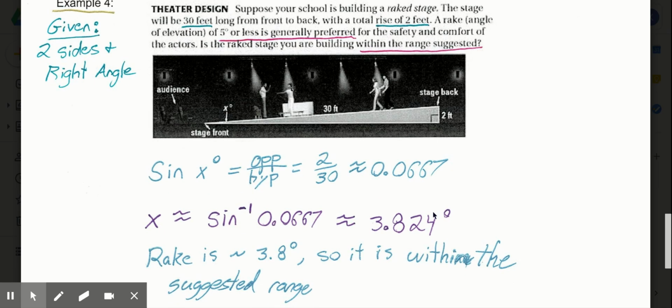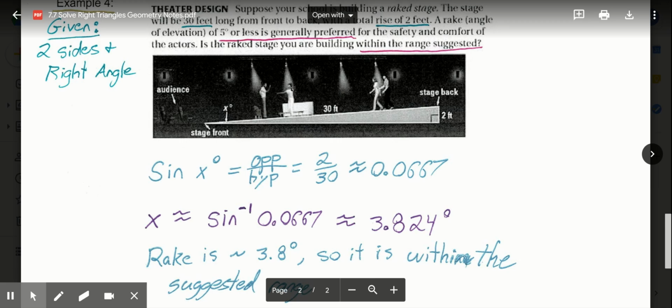So to figure out our measurement of angle x, we would do the inverse sine of 0.0667, which is approximately 3.8 degrees. So the rake angle is approximately 3.8 degrees, which is in our suggested range of under 5 degrees.